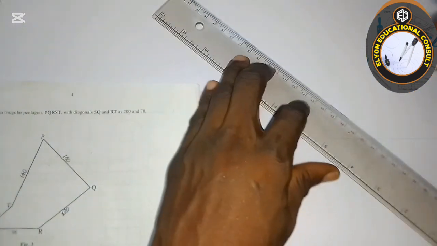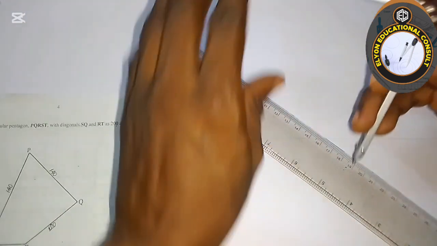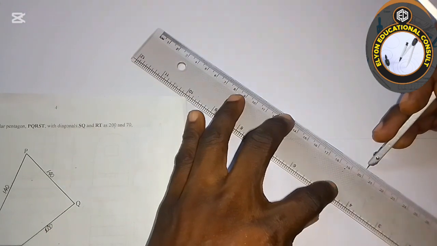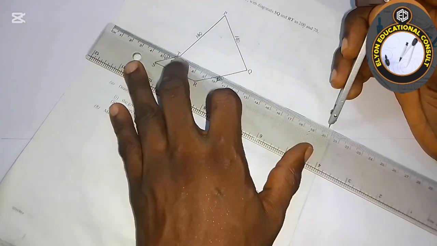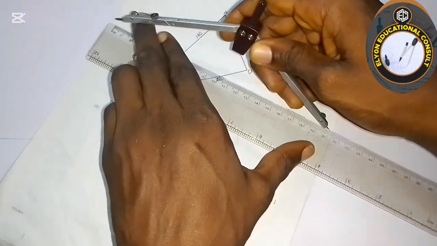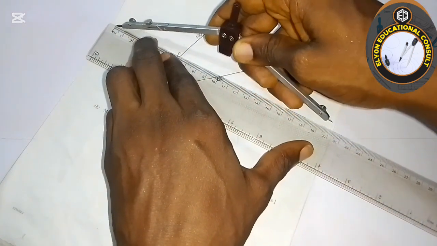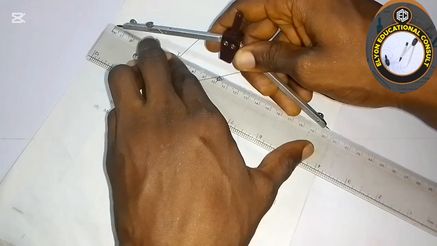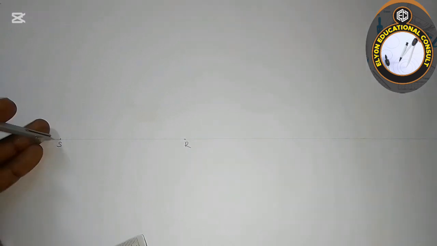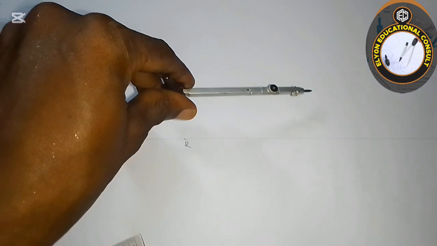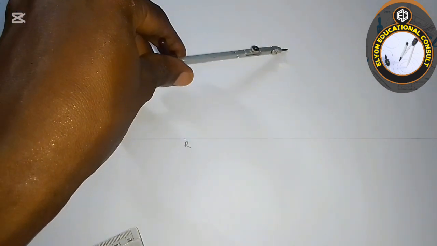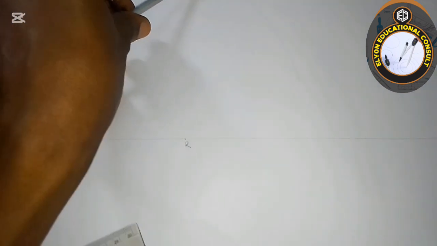I will extend to 20 centimetres. I place the needle point on X, then strike an arc this way.